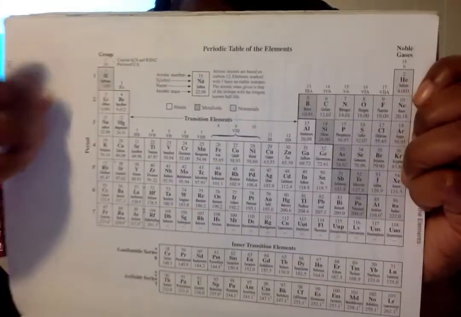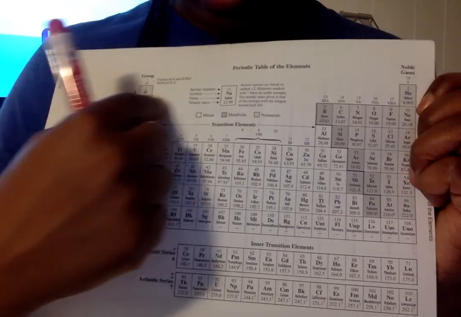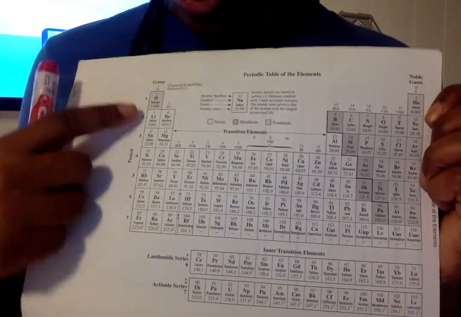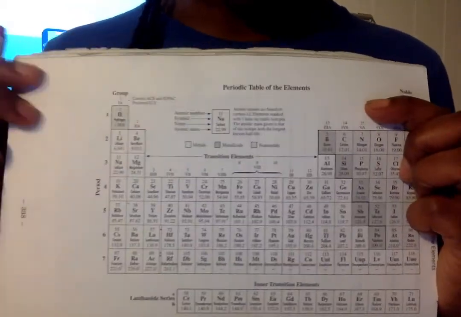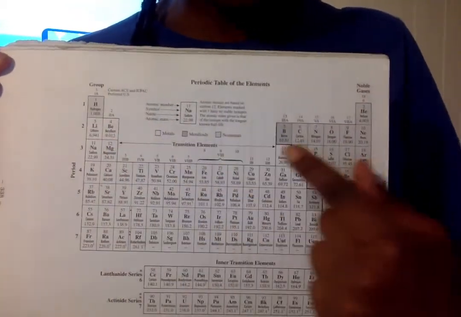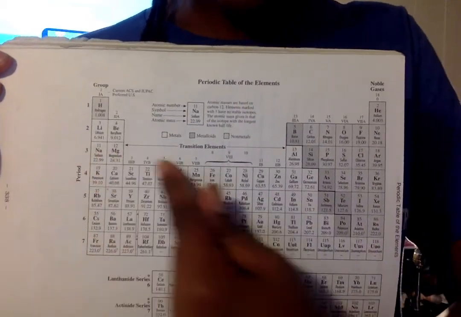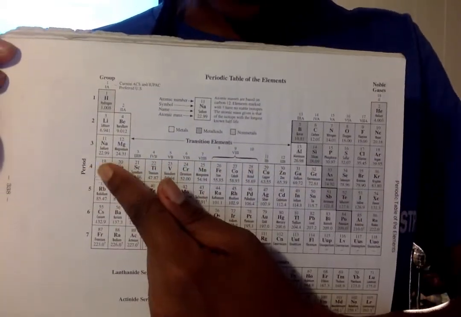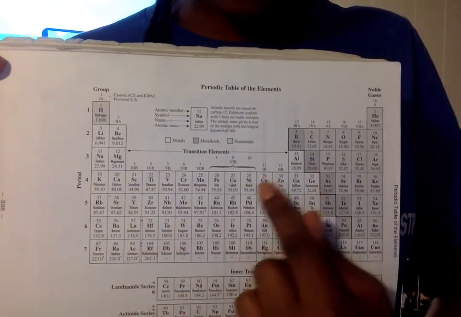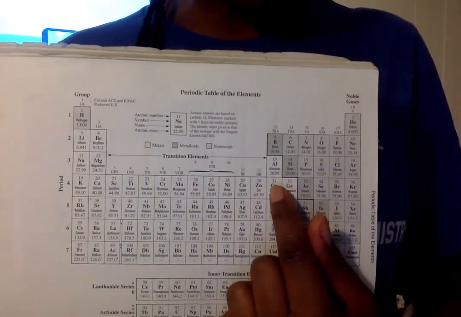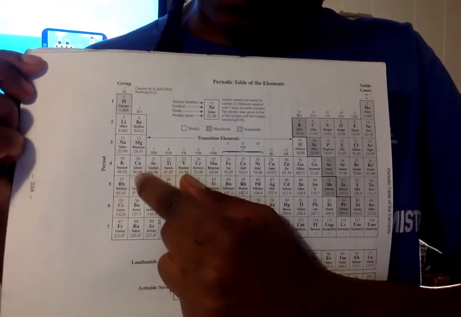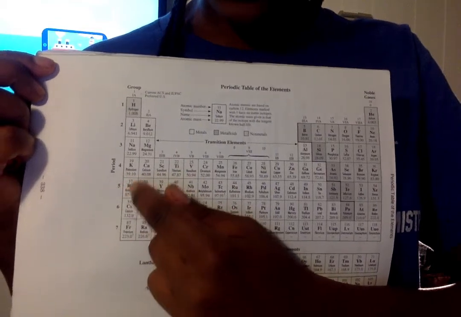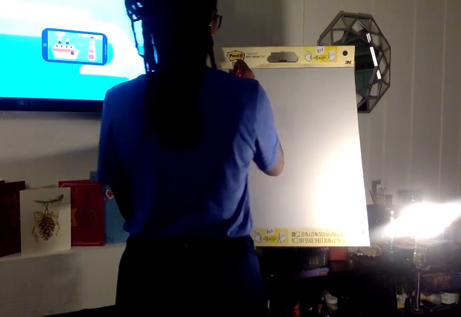So you have 1s2, right? 2s2, 2p6, 3s2, 3p6, 4s2, 3d10, 4p6, 5s1, because rubidium, right, is in the first s column.